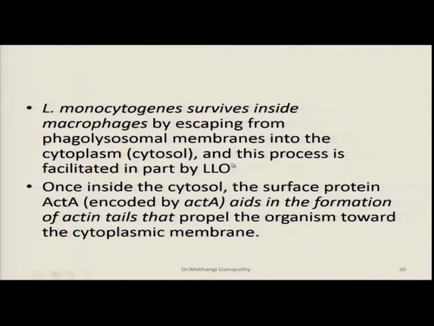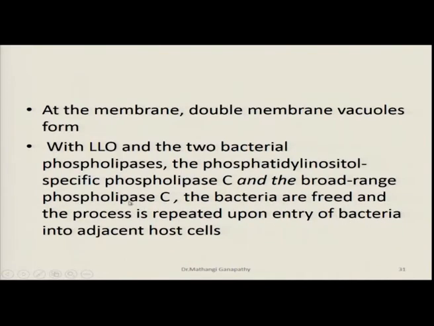But here the Listeria monocytogenes survives inside the macrophage by escaping from the phagolysosomal membrane into the cytosol, and this escape is actually helped by the listeriolysin LLO. And once inside the cytosol, the surface protein helps in the formation of the actin tails, which will propel or push the organism towards the cytoplasmic membrane.